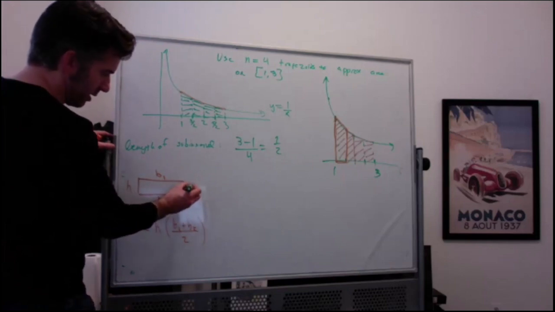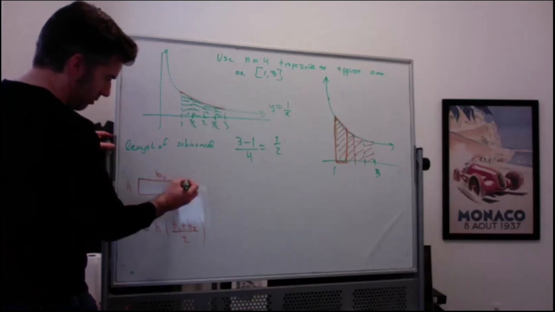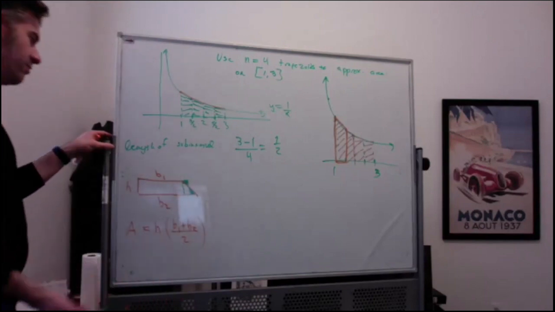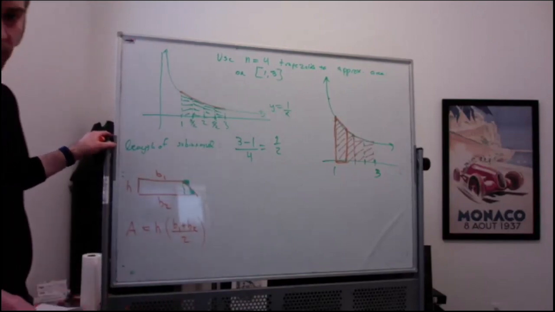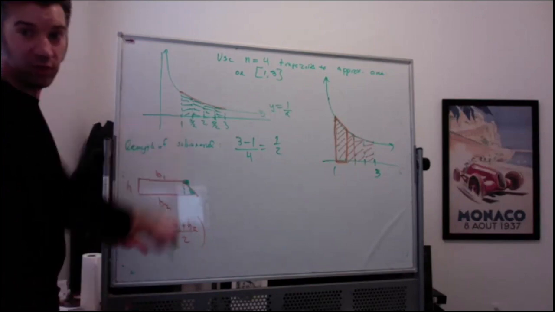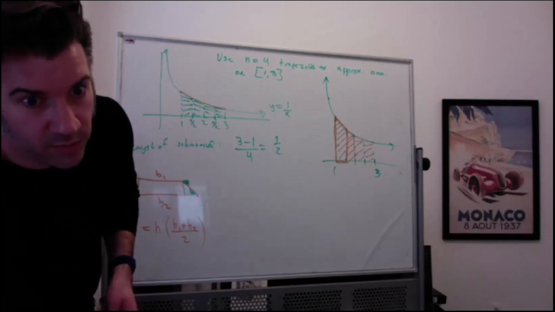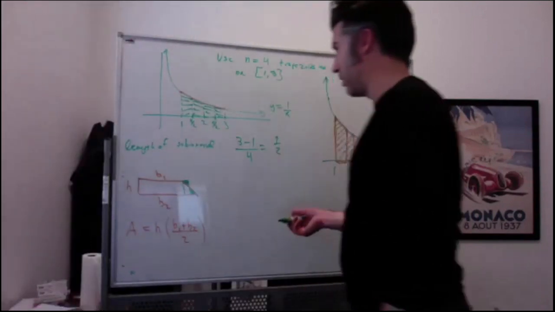If you cut this part off and put it back up over here, you just get a rectangle whose height is h and whose base is the average of those two bases. Great. So let's see what plays out here.